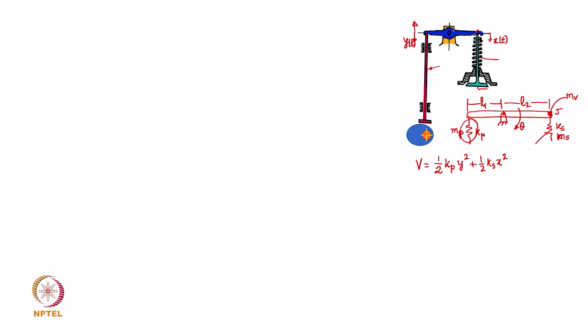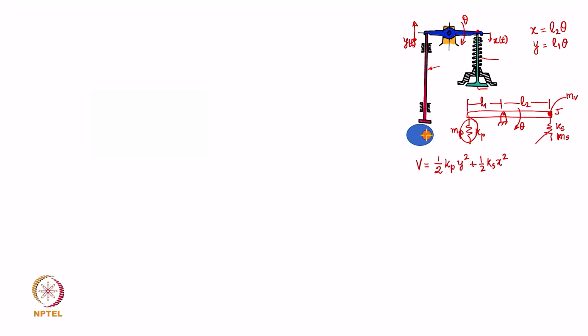Now, you can see that this x can be written as L2 into theta and y can be written as L1 into theta, is not it. So, although you show these two displacements as two different ones, they are not, actually they are geometrically related to the assumed degree of freedom, that is theta of the rocker.